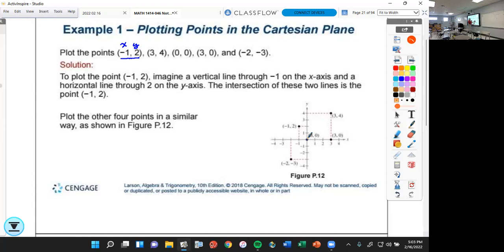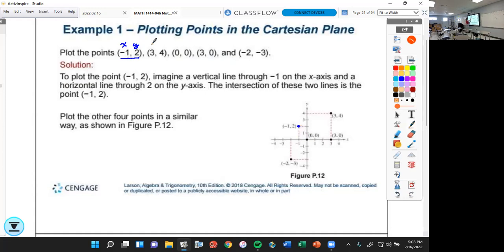Now, according to the point -1, 2, the -1 is the x value. Negative tells me to go in the negative direction. So from my origin, I'm going to go 1 to the left. That's -1. From there, I'm going to go up 2, 1, 2, and plot the point. And that gives me the point -1, 2.